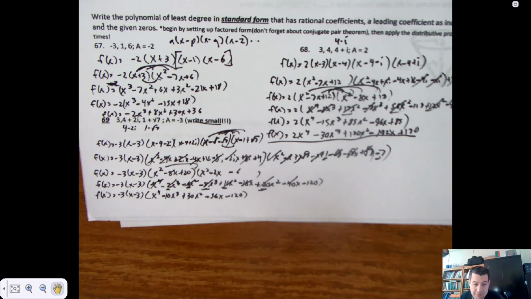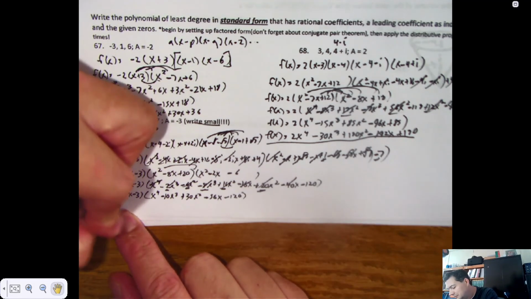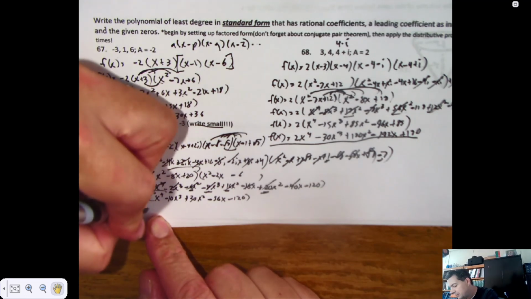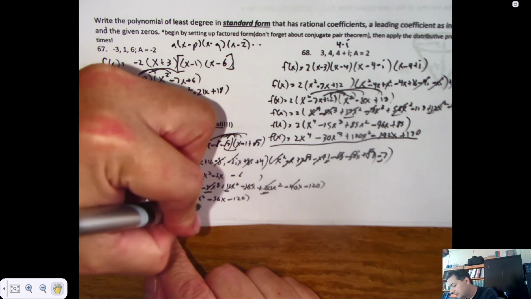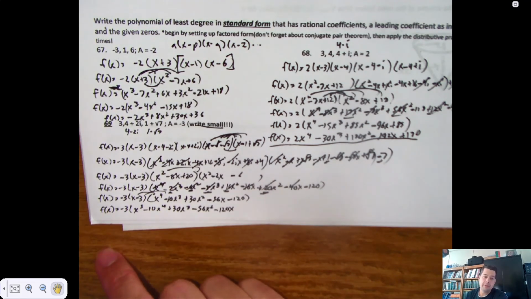Oh, now I get to multiply everything by x minus 3. So if I x everything, x to the 5th minus 10x to the 4th plus 30x cubed minus 56x squared minus 120x. And then I get to multiply everything by negative 3.